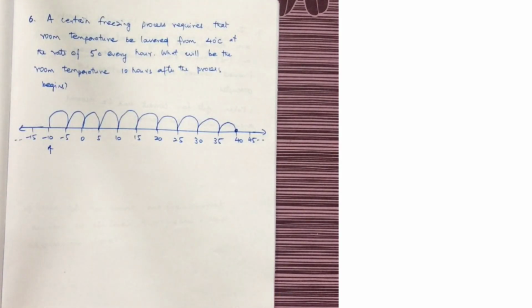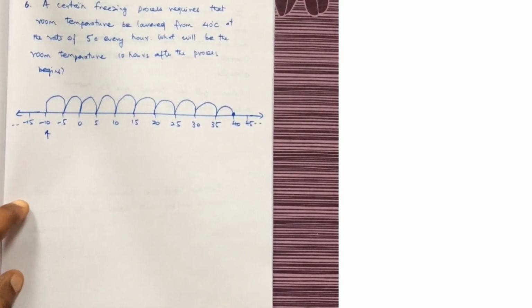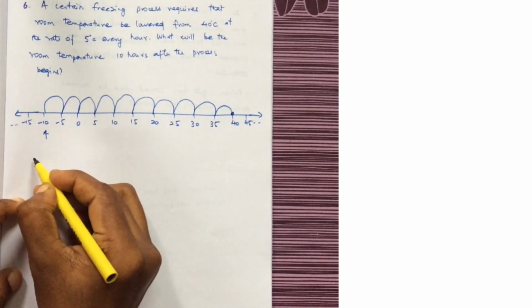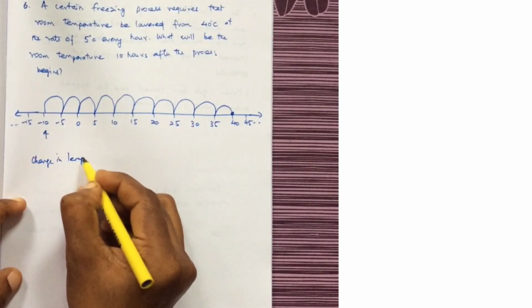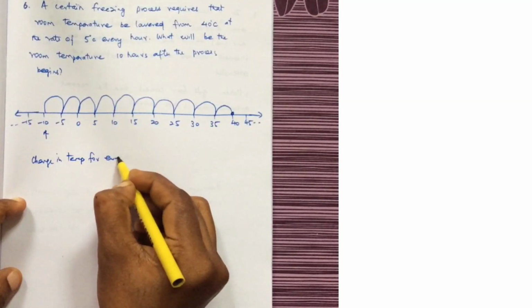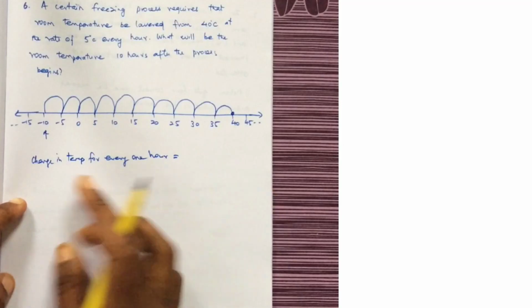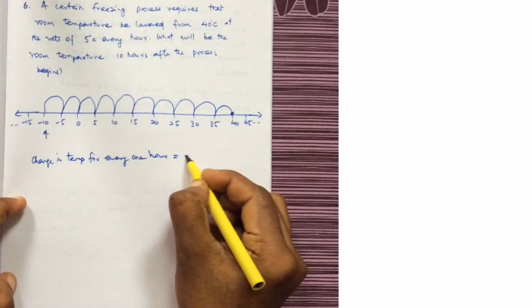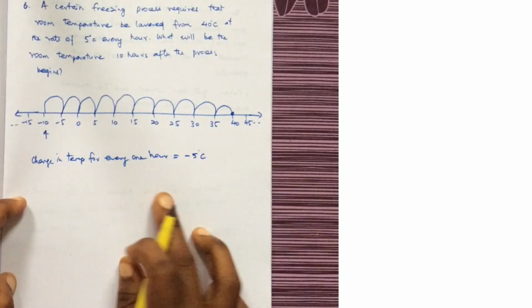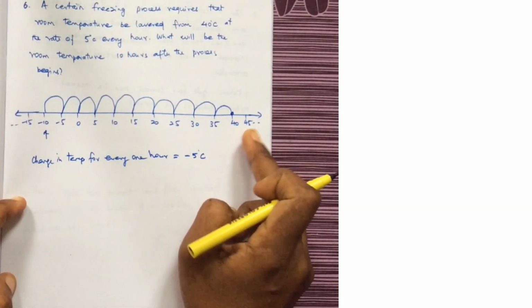Now we are going to see how to do it without a number line. Okay, change in temperature for every 1 hour: the temperature is changed by 5 degrees. I can write -5 degrees, because if I write 5 it means it may go from 40 to 45, it is increasing.